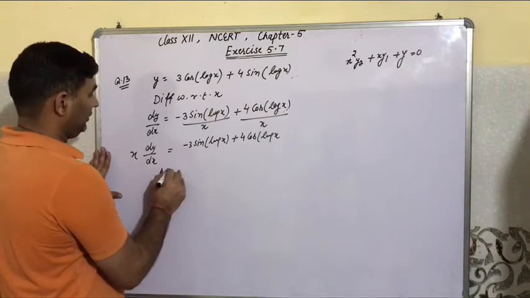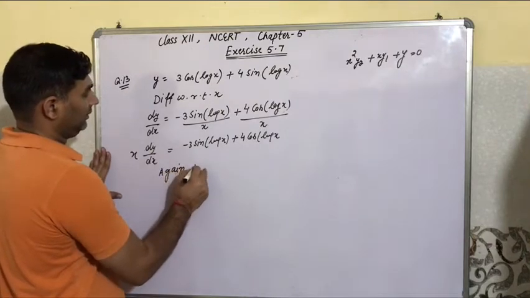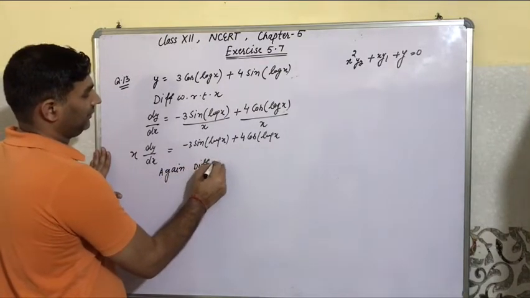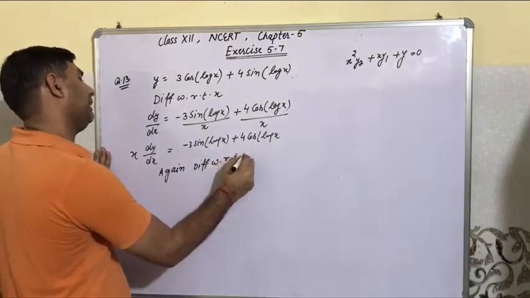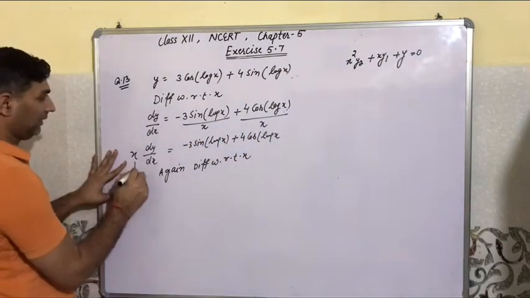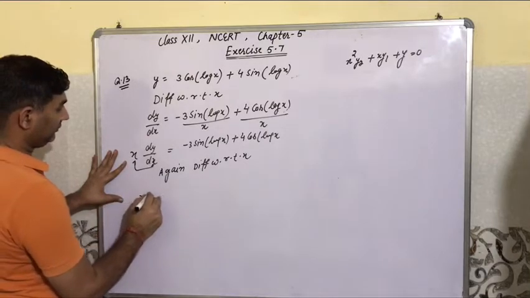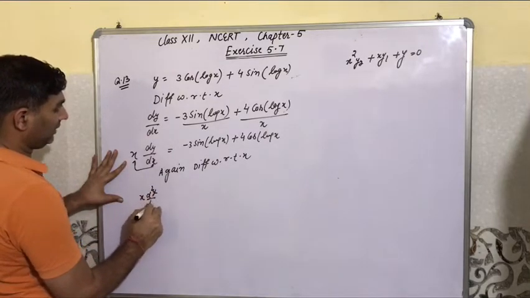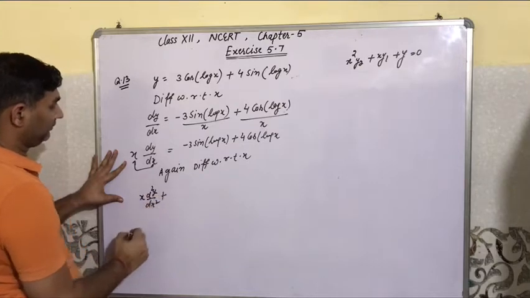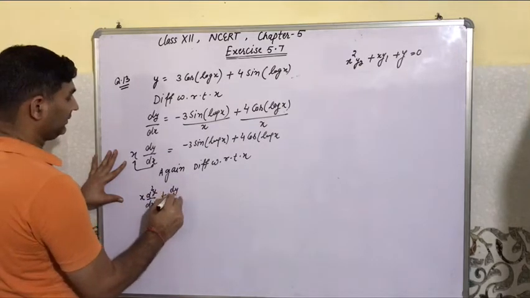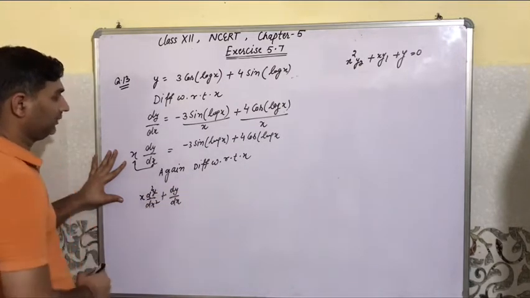Again differentiate with respect to x. यहाँ पे प्रोडक्ट रूल लगेगा, यहाँ पे x as it is d square y upon dx square plus dy by dx, derivative of x is 1.